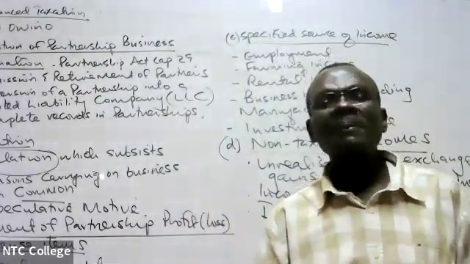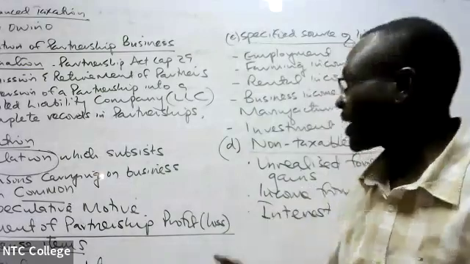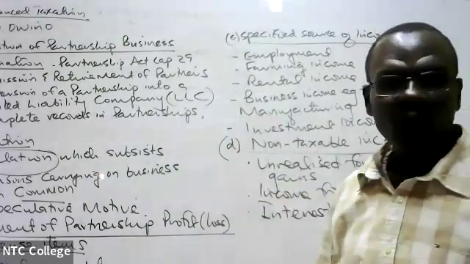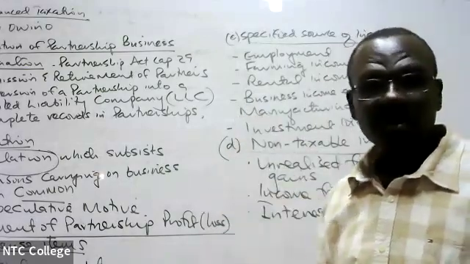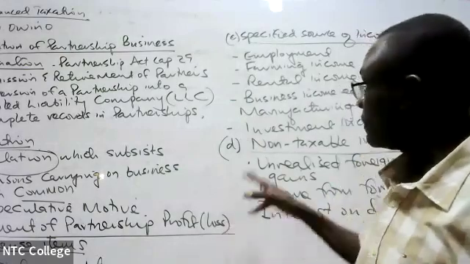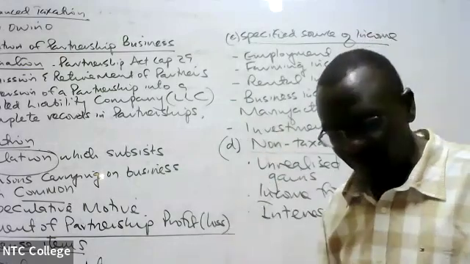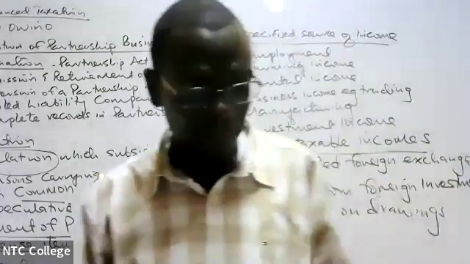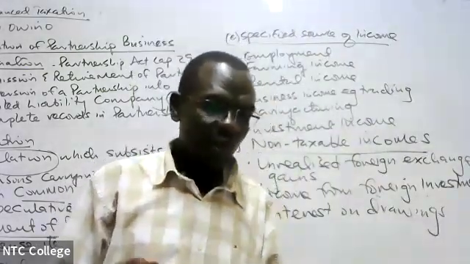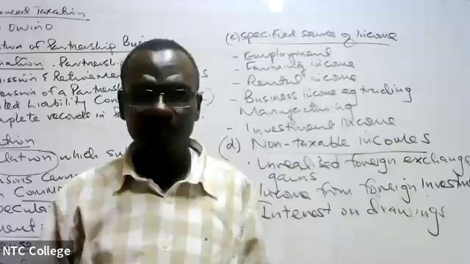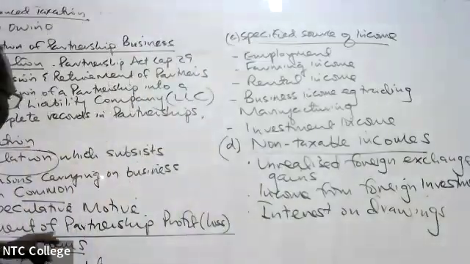Then we will prepare a statement now adjusted for these purposes. We'll adjust the profit for accounting purposes. We'll make adjustments for this. But first, we can put down this heading: statement of partnership profit or loss.